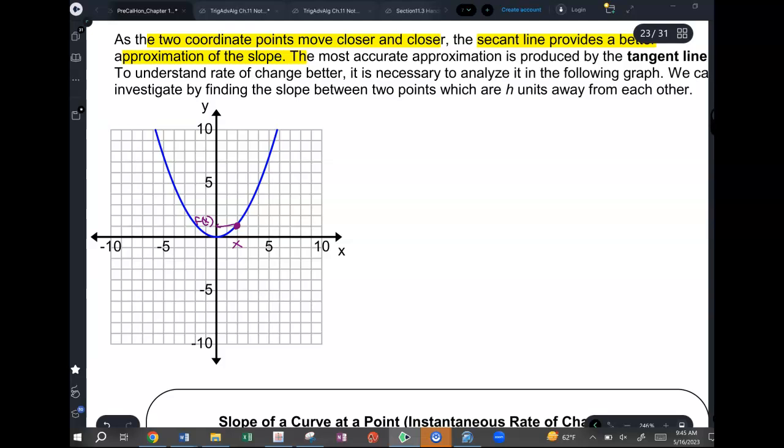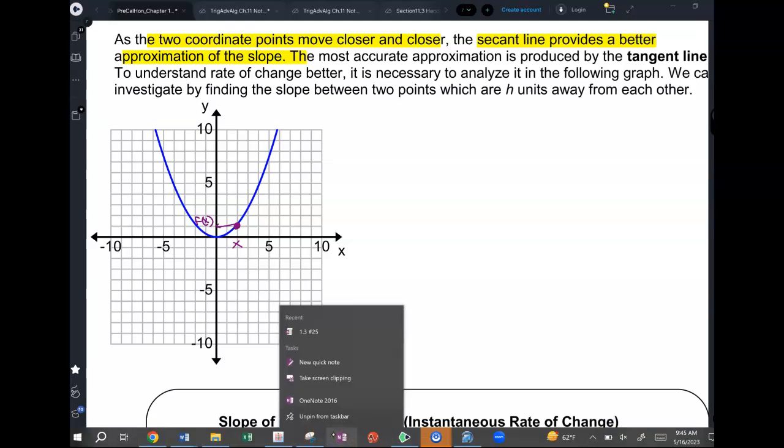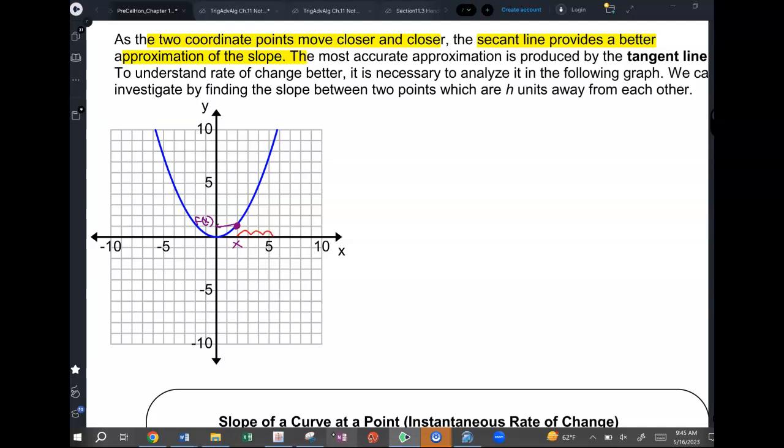I'm going to pick another point, but to pick this other point, I'm going to go over a distance of h. So now, if the first coordinate was at x, where is the second one? X plus h. And if the y value there was f of x, then what's the y value here? F of x plus h.